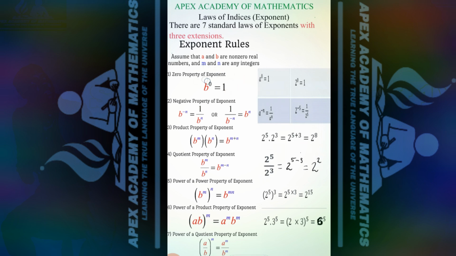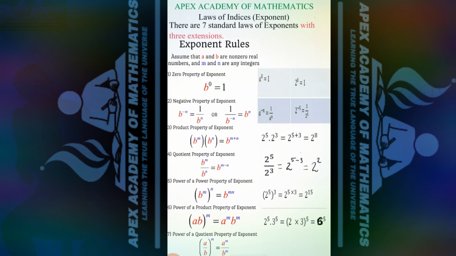So let's look at the first one, which is called the zero property of exponent. This is simply saying that if I have a base, this B right here is called a base, of course it cannot be 0, and I raise it to a 0 power, or a 0 exponent, or a 0 index, then my end result will always be 1.